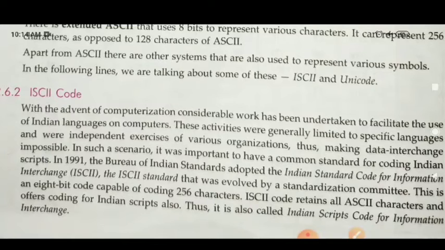In 1991, the Bureau of Indian Standards adopted the Indian Standard Code for Information Interchange (ISCII). The ISCII standard was evolved by a standardization committee. This is an 8-bit code capable of coding 256 characters. ISCII code retains all ASCII characters and offers coding of Indian scripts also. Thus, it is also called the Indian Script Code for Information Interchange.